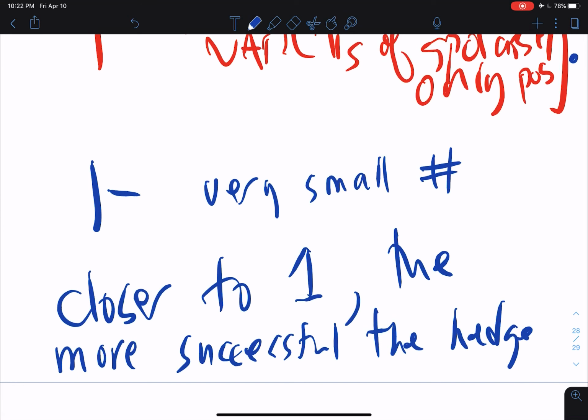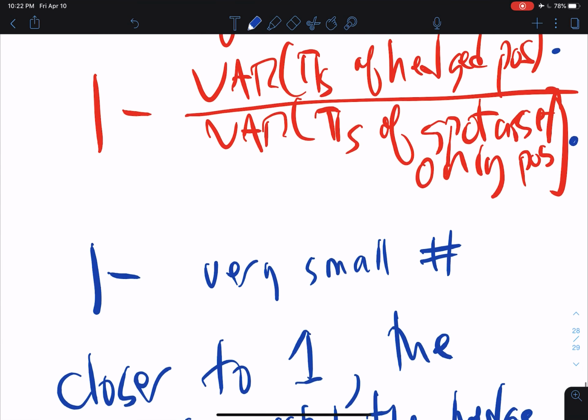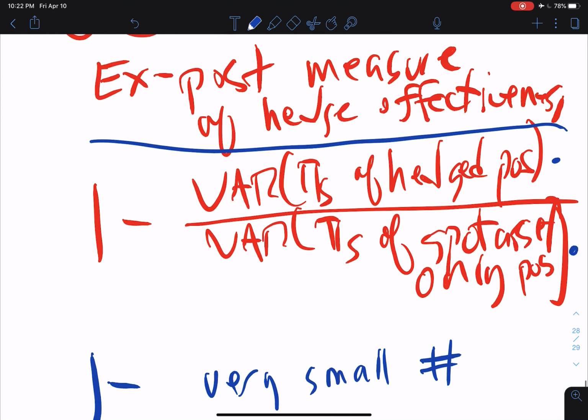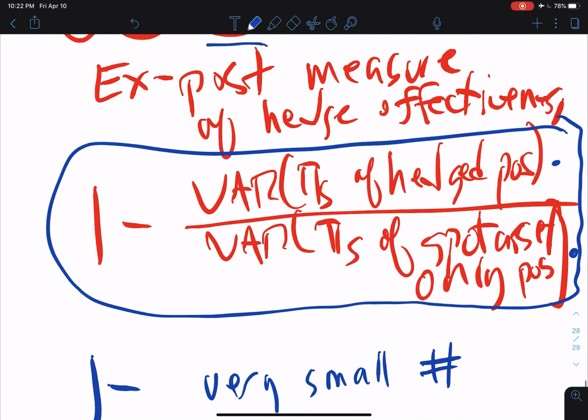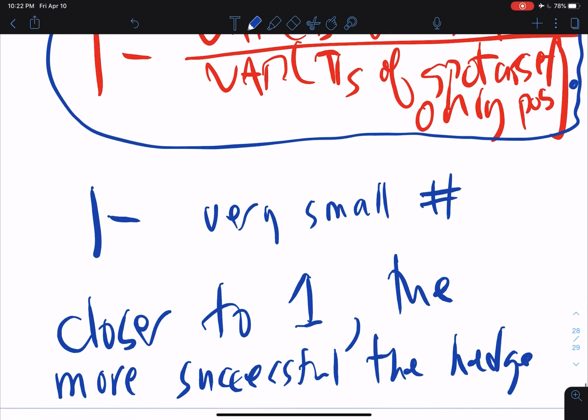Closer to 1, the more successful the hedge. And closer to 1 what? This ratio right here. It's an after the fact, an ex post measure of hedge effectiveness.